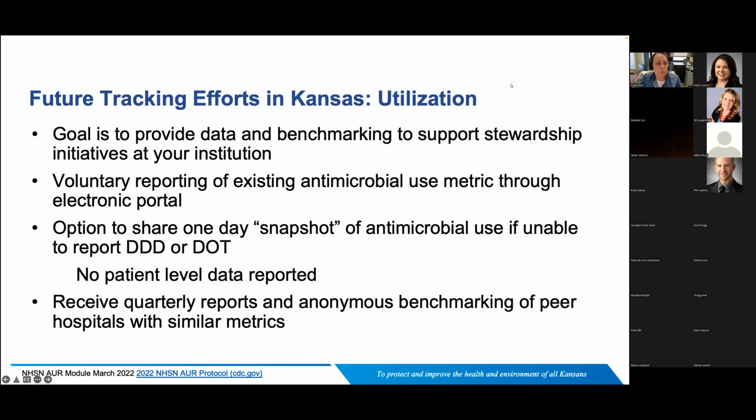So we have created a survey to see about the barriers. We think that it might be financial or commitment, but until facilities actually report back to us, we really want to know more so we can plan to disseminate this and get more reporting back in Kansas, because Kansas is ranking pretty badly for our outpatient antibiotic use.